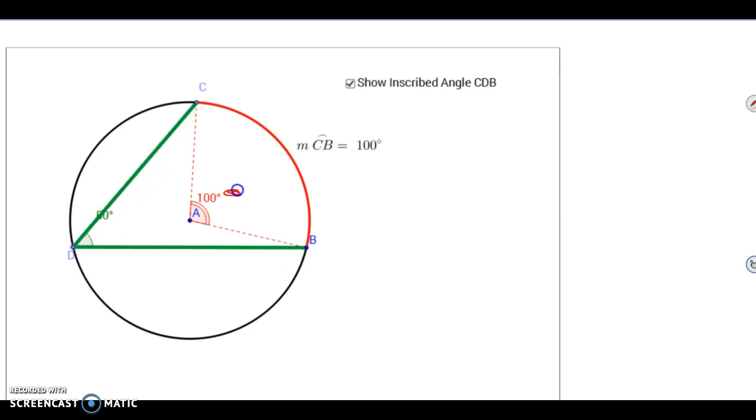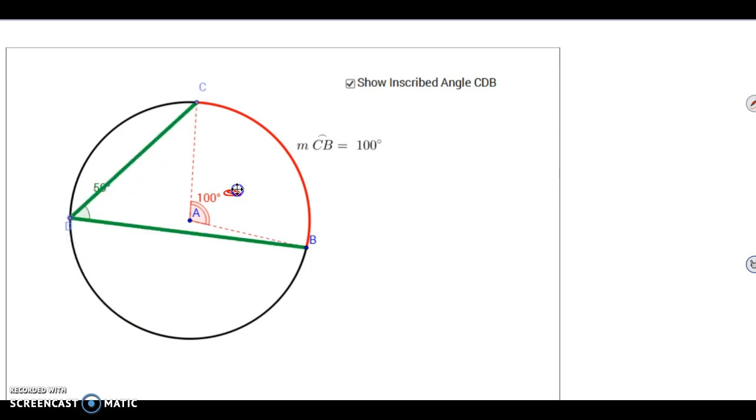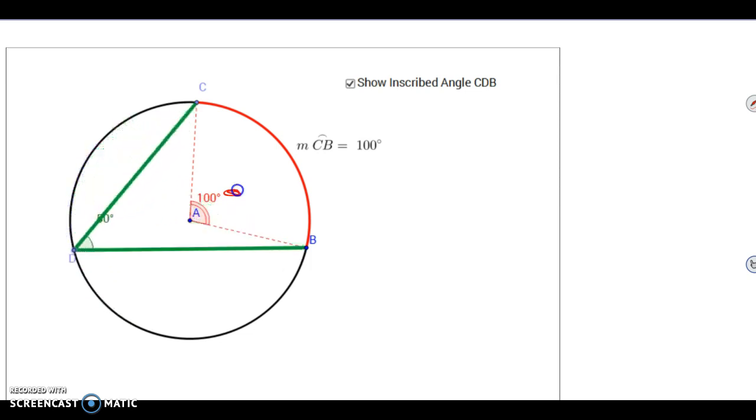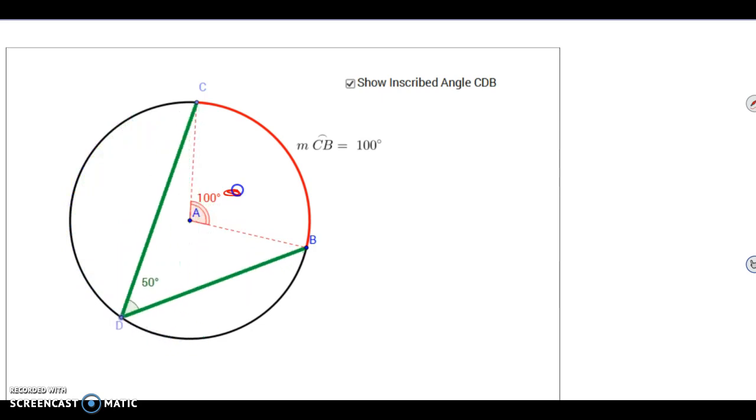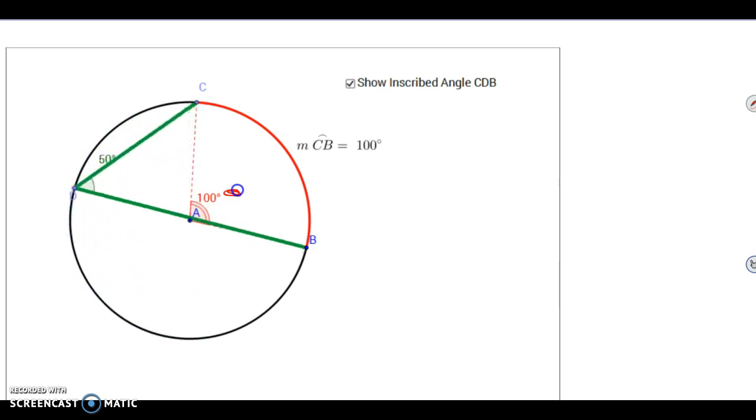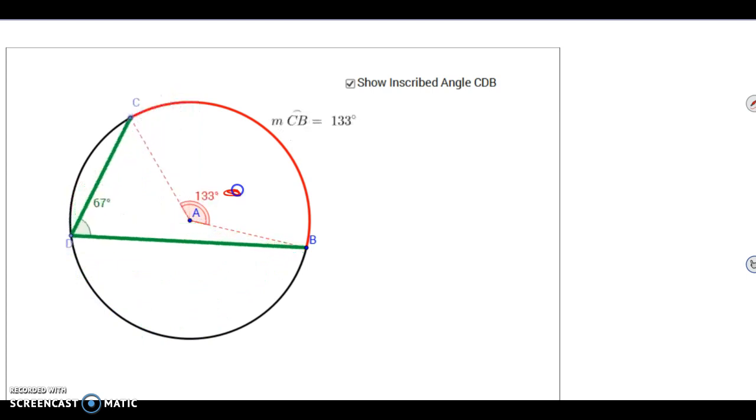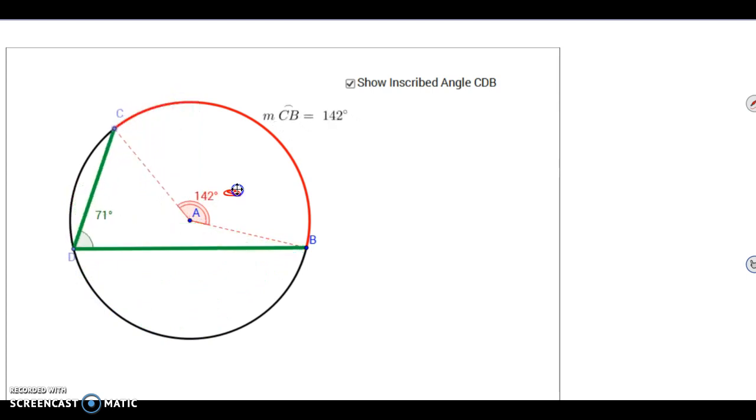This angle is always half the intercepted arc. So it doesn't really matter where I draw the inscribed angle, vertex is on the circle, it's always staying 50 degrees. But if I change the intercepted arc, you can see how the arc is twice the measure of the inscribed angle. The other way around, the inscribed angle is half the intercepted arc.